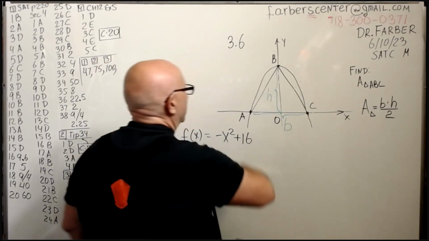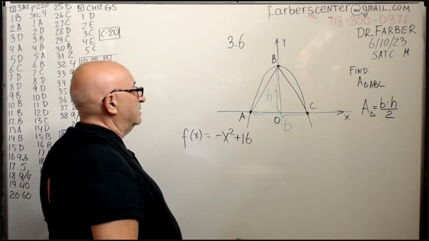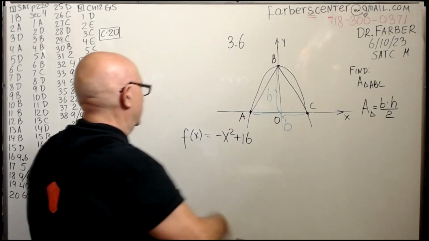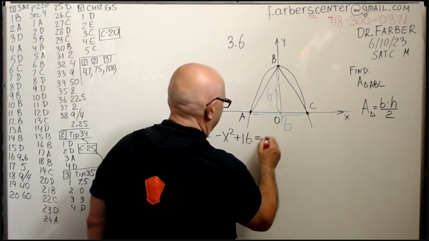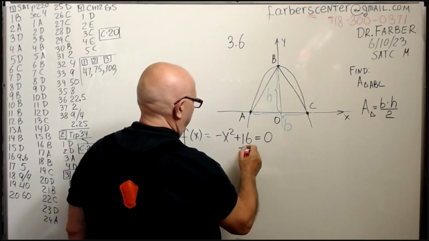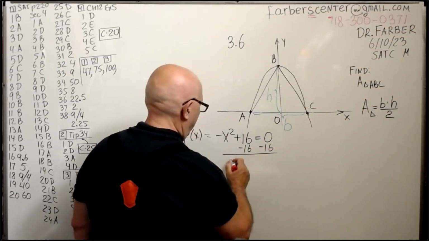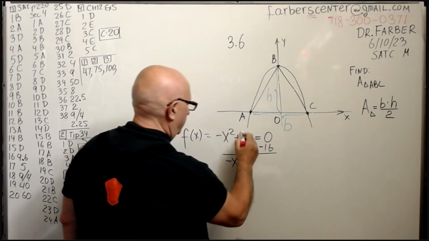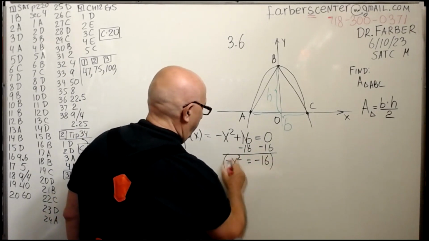But you know this downward parabola intersects the x-axis when f of x, which is y, equals 0. When it equals 0, minus 16 and minus 16, you get negative x squared equals negative 16, or multiply both sides by negative 1.